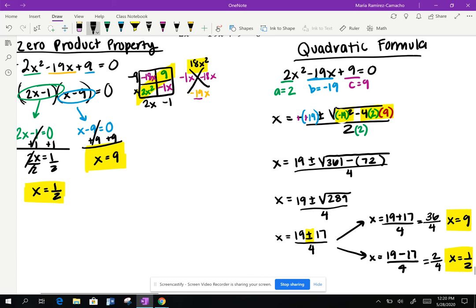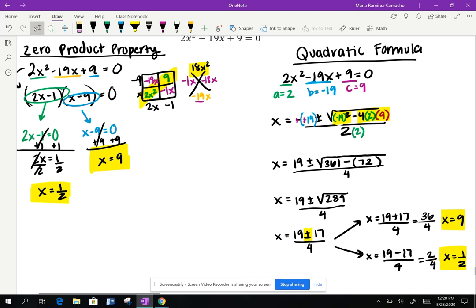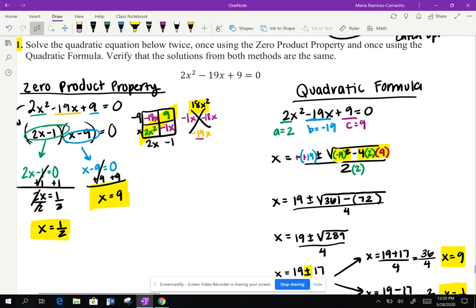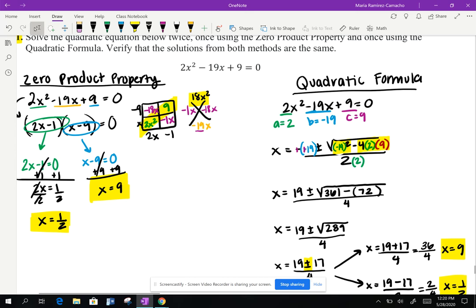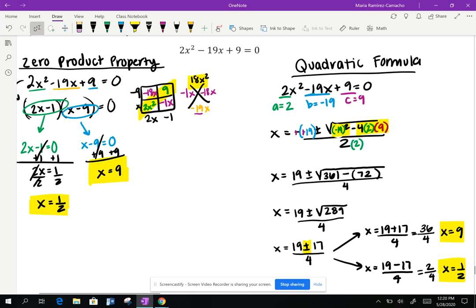So here you can see that we have 9 and 1/2 as our solutions for this quadratic, whether we're using the zero product property or the quadratic formula. So the solutions are the same, which is what we want. If they're not the same, that means that there might be something that you need to fix, okay?